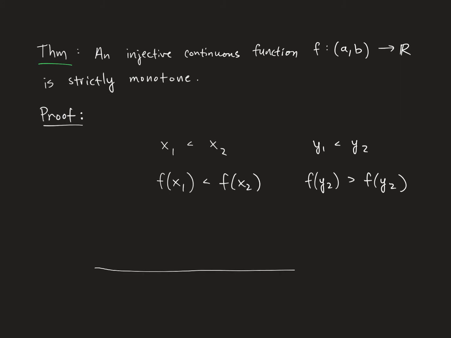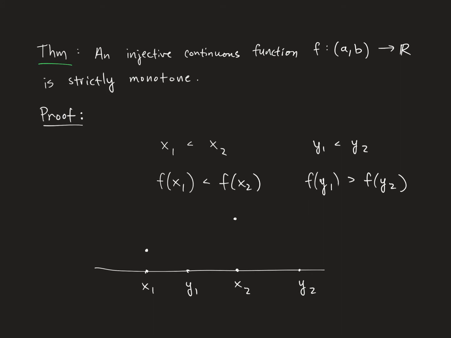So the idea would be something like, if you have x1 and x2 and then y1 and y2, let's say your function value increased from x1 to x2, so maybe it was there, it increases to there, and then it decreased from y1 to y2. I just realized that should say y1 there.